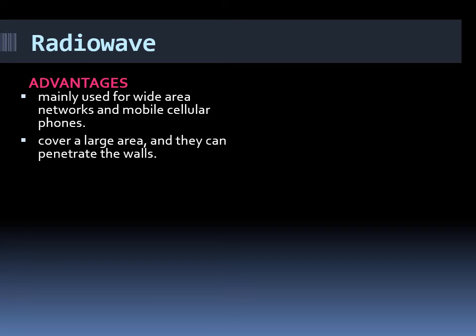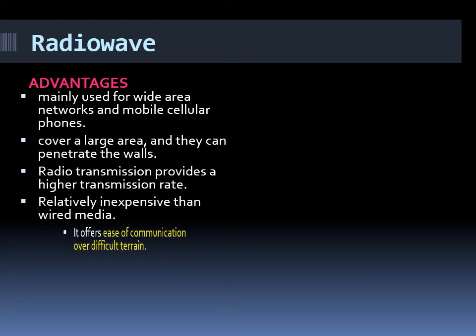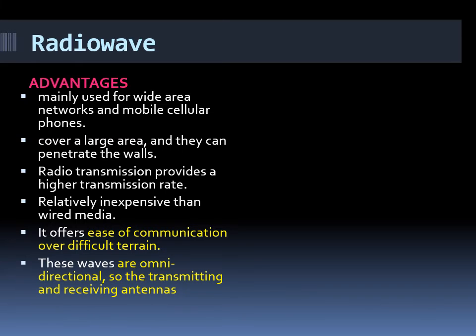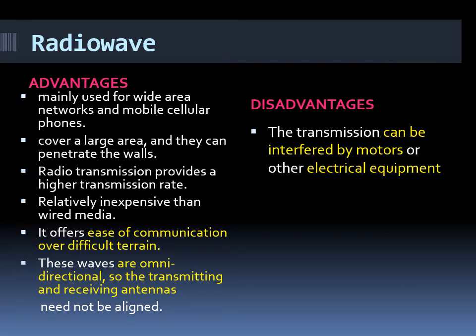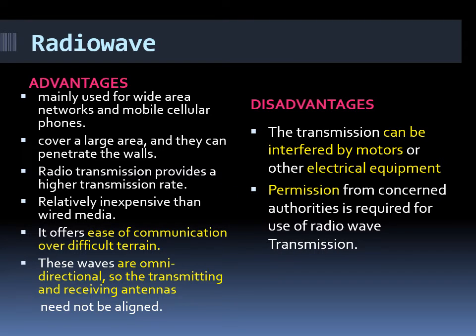It can penetrate walls, it provides a high transmission rate, it is inexpensive compared to wired media, and it gives ease of communication in difficult terrain also. Since it is omnidirectional, there is no need to align. The drawback is that it can be interfered with by motors or other electrical equipment, and we have to get permission from the concerned authorities to use radio.